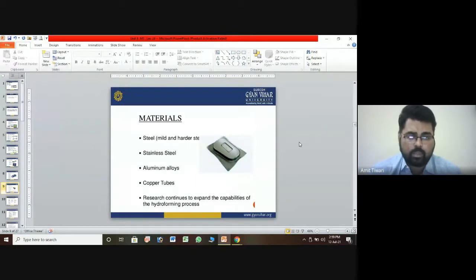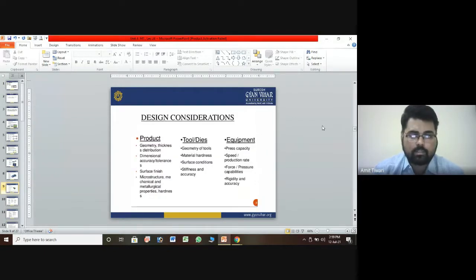So now you can see, this is the second part, the design consideration. In this case, the design consideration covers the product, tool, die, and equipment. We have to understand the product and die: what type of product we fabricate with the help of the design consideration. First of all, the geometry. We first identify what geometry we require.